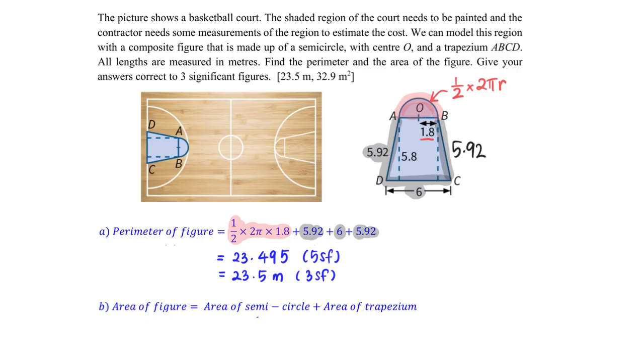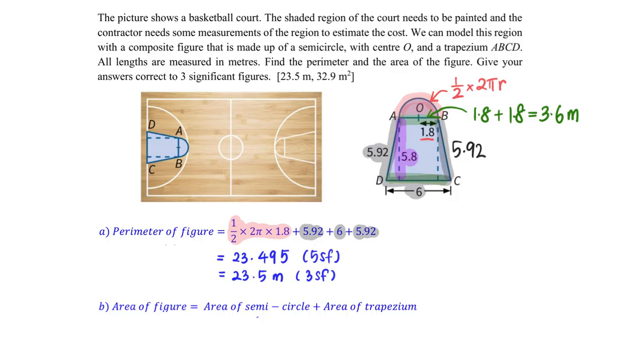For the trapezium, do take note that the parallel sides is this in green, and for this length AB is 1.8 plus 1.8, which is essentially the diameter lah, and the height of this trapezium is 5.8.